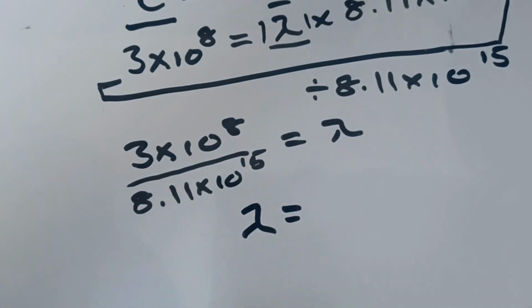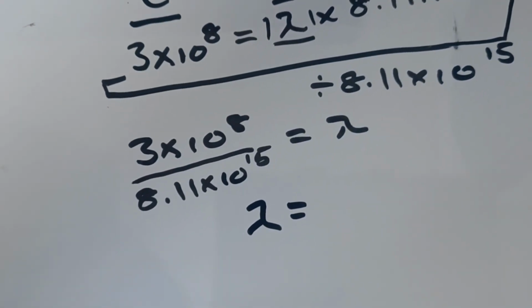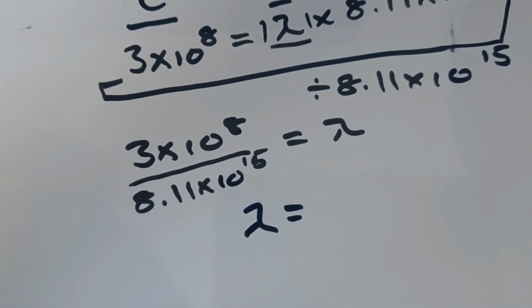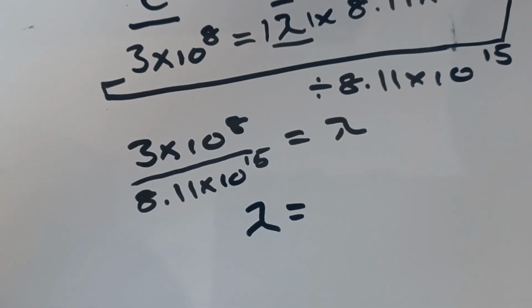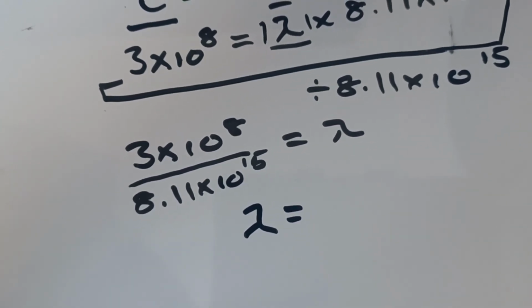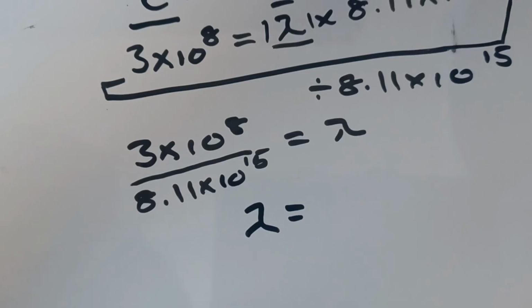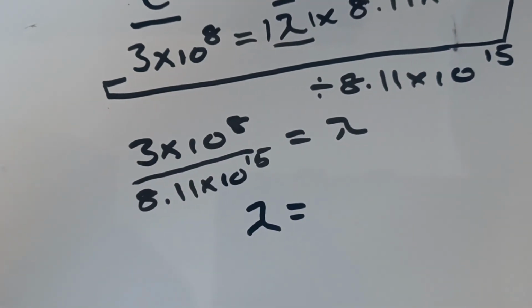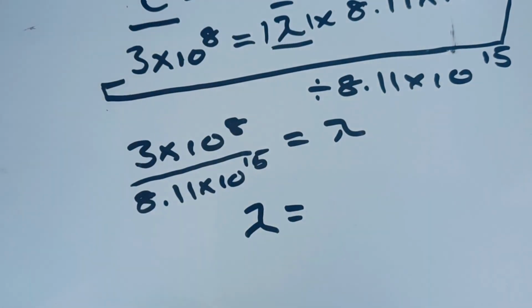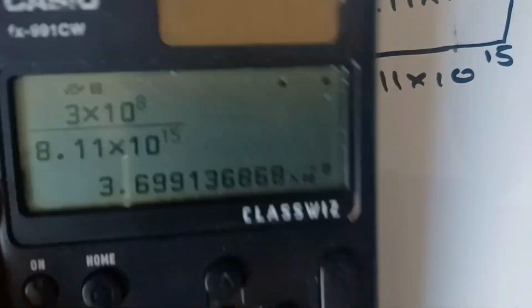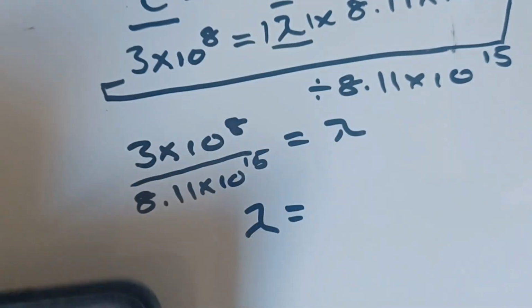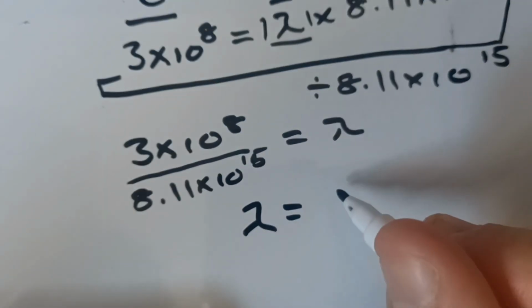And our wavelength is then equal to, once I figure out how to use my calculator, you get this, 3.699 times 10 to the minus 8.